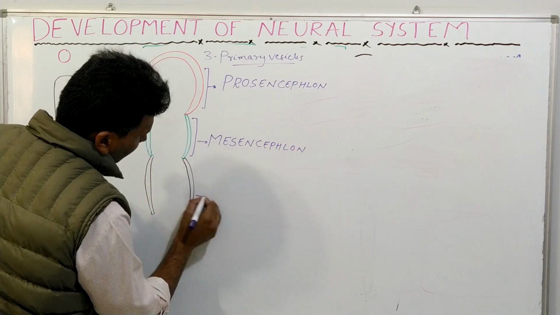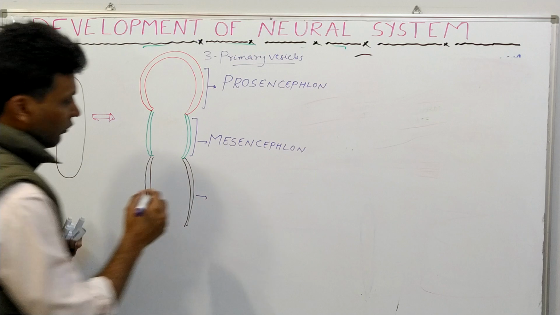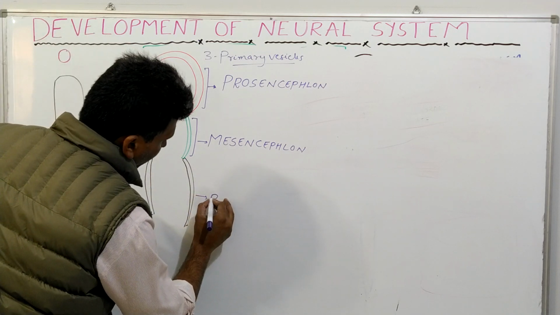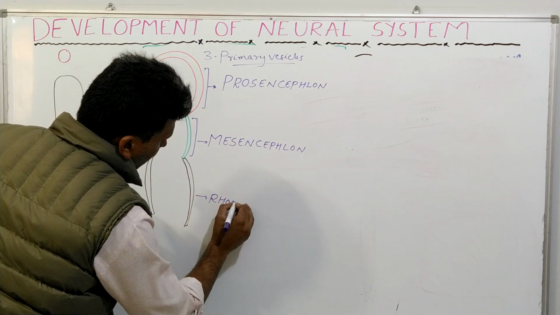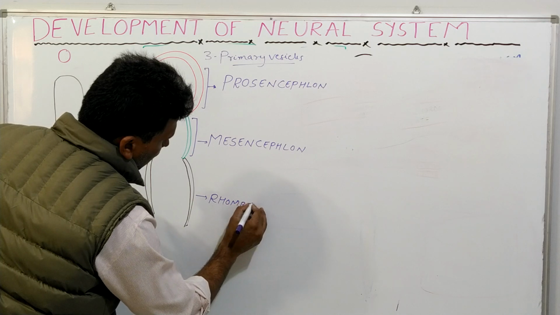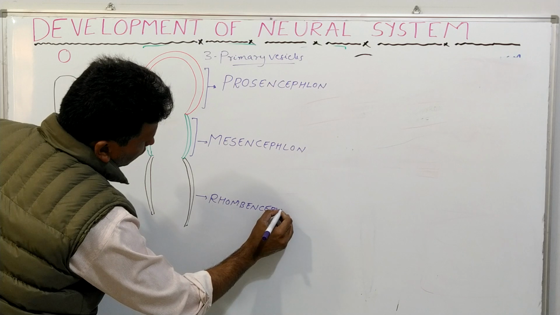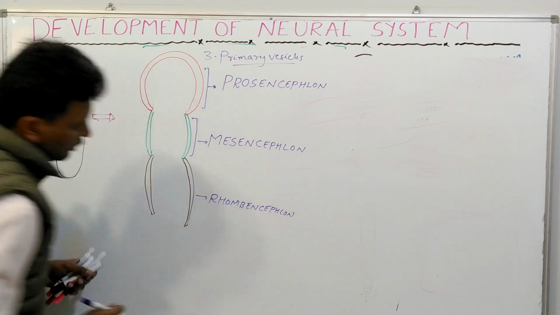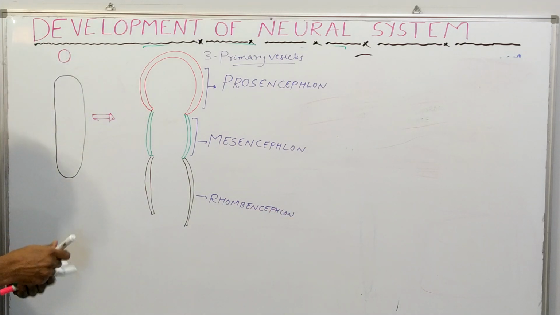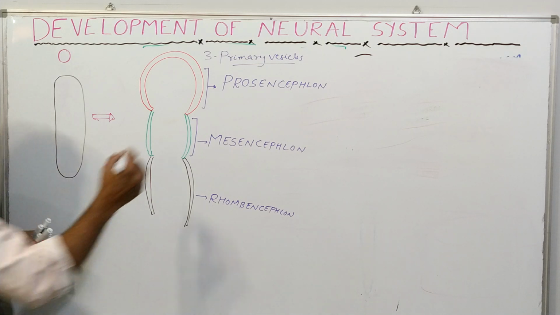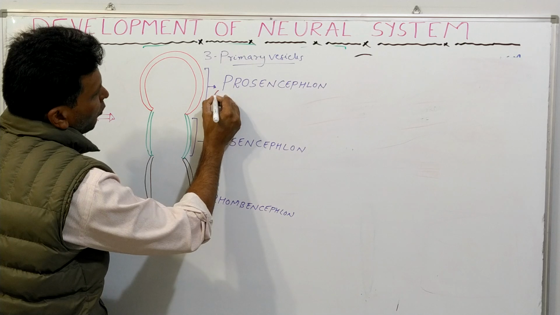And the third vesicle is called rhombencephalon. So another name is given: prosencephalon means this is also called forebrain.